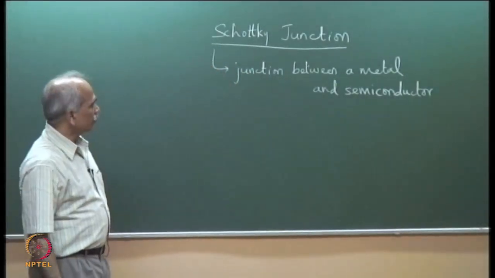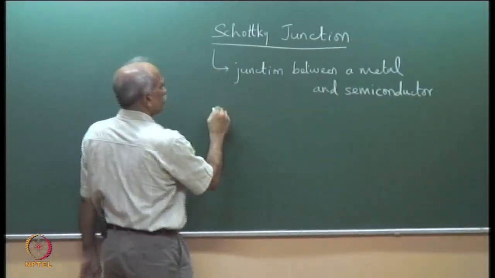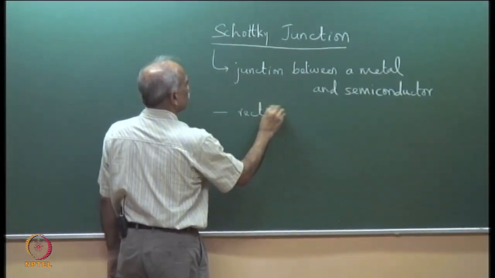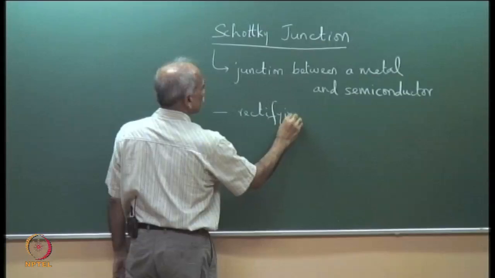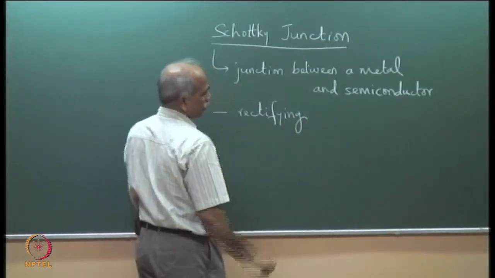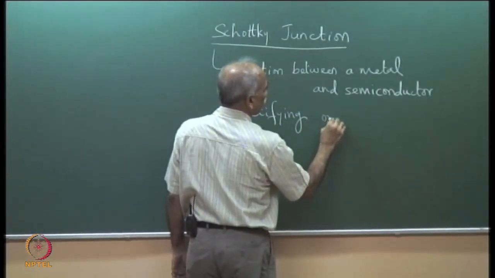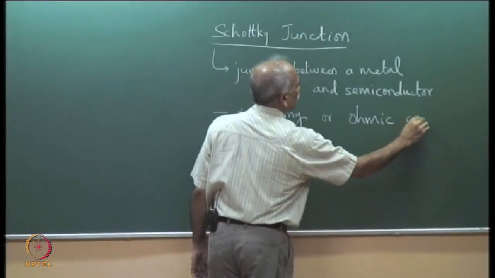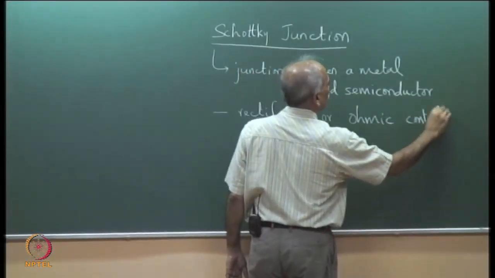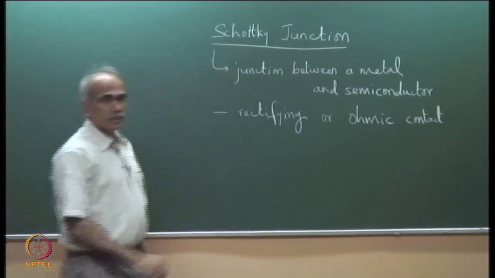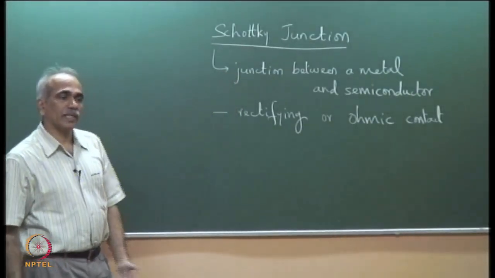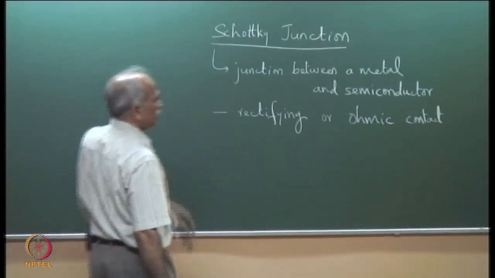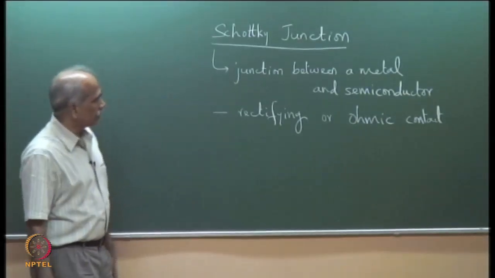As we will see, the junction could be a rectifying contact, like a normal diode, or it could be an ohmic contact. We will see more on it.